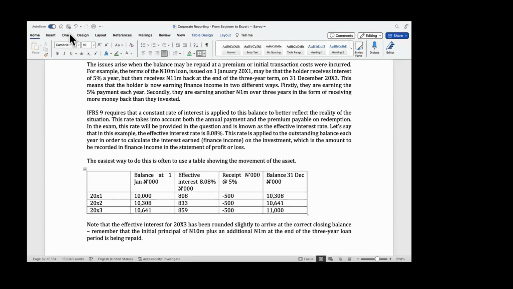Sir, I do not really understand it. I'm still confused. You said classification by amortized cost, right? That there must be collection of interest and principal, and secondly, there must be a contractual agreement.